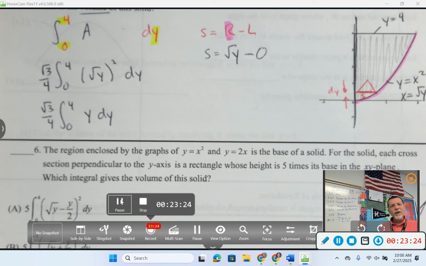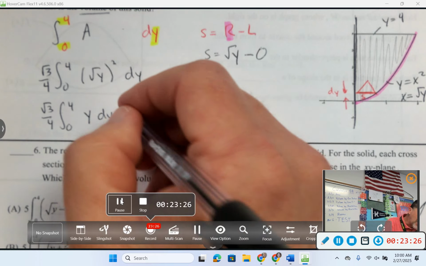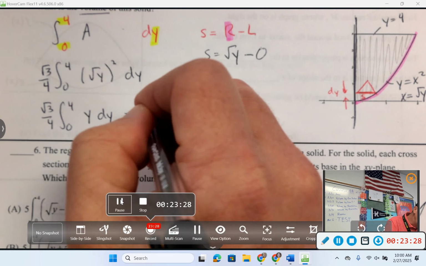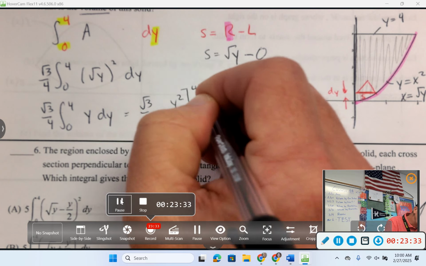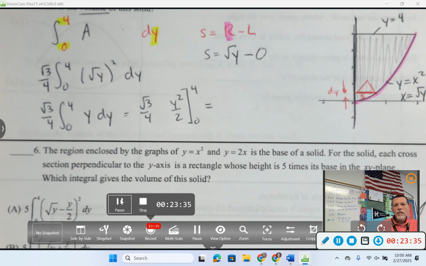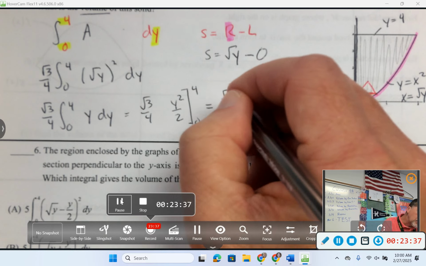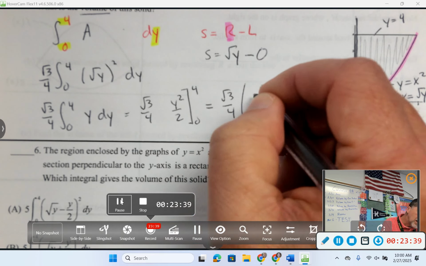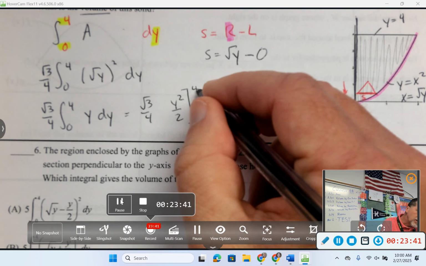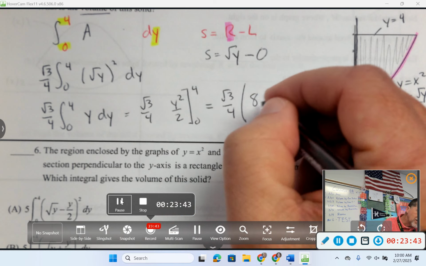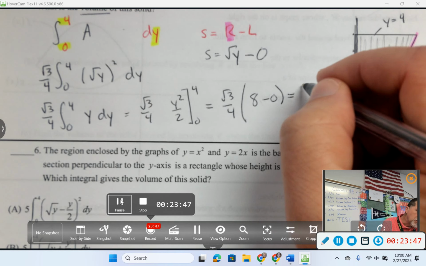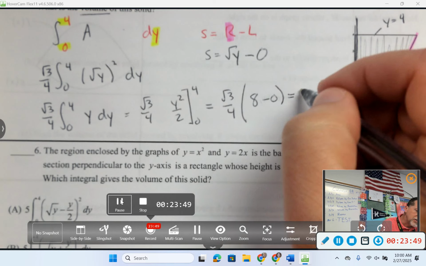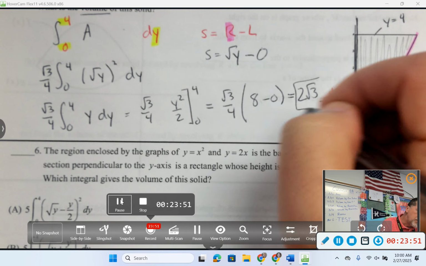Because the square root of y squared is just y, and then I can take that integral and get y squared over 2. 0 to 4, so that would be 4 squared is 16, 16 over 2 is 8. That's a safe stop. My multiple choice answer is probably just 2 root 3.